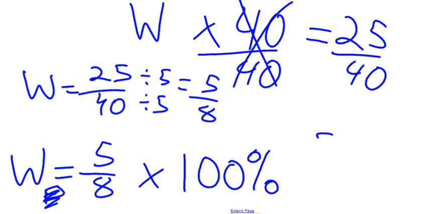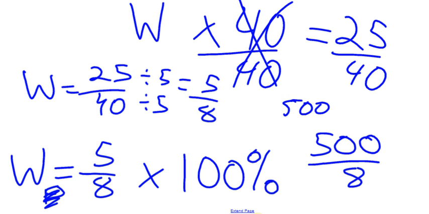So that now puts us at 500 divided by 8. Mental math, mental math. Okay, don't do mental math. Solve it. 500 divided by 8. That's going to go in 6 times. That's going to be 48.